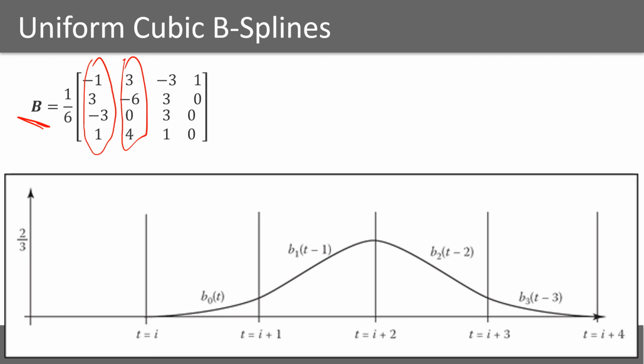This cubic B-spline will be formed by cubic polynomials for each of the segments, where this is the first segment, this is the second segment, this is the third segment, and this is the fourth segment. And for example, this fourth segment will be associated with the first point, while this segment will be associated with the fourth point, which contributes to the blending of our B-spline curve.